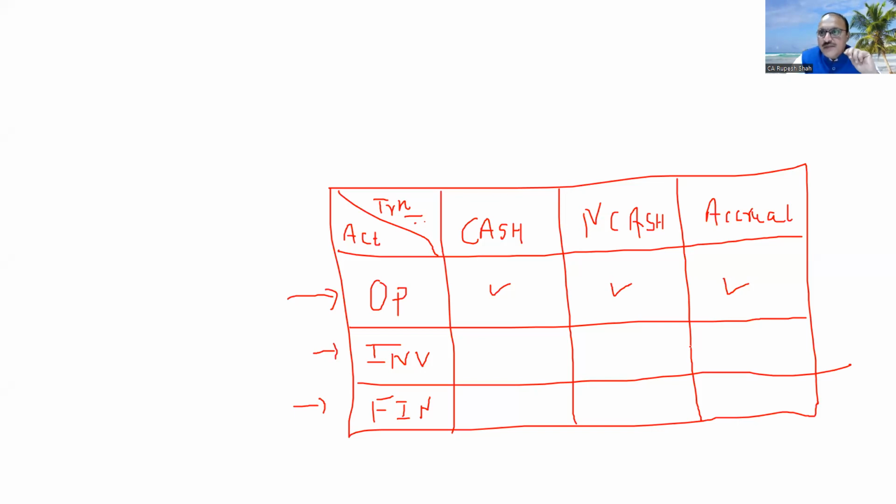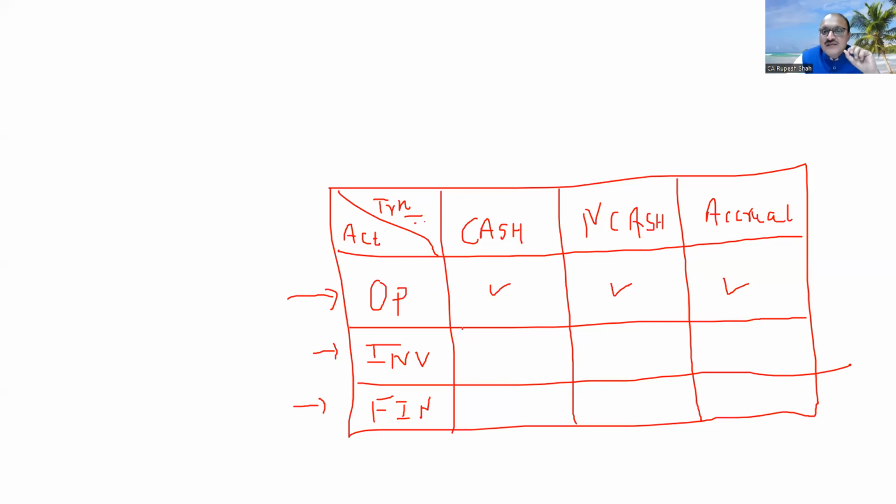So just to repeat, a business is nothing but a 3x3 matrix, of certain buckets or activities that fall under operating activity, investment activity, and financing activity. And transactions are of three types: cash transaction, non-cash transaction, and accrual transaction. Now, non-cash transactions are those which are merely a book entry in the books of accounts.